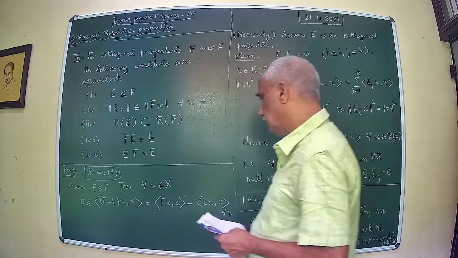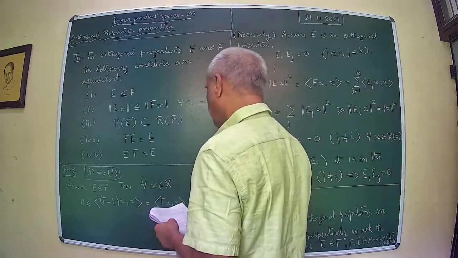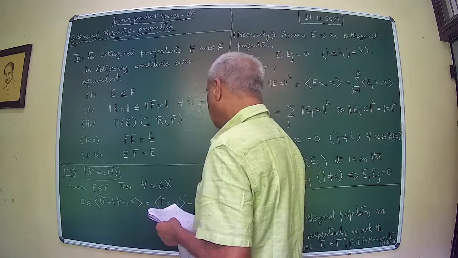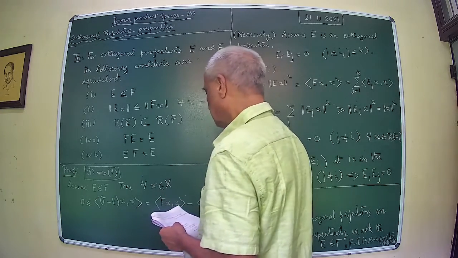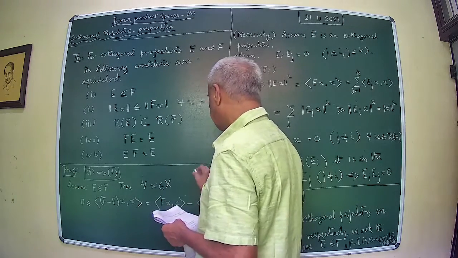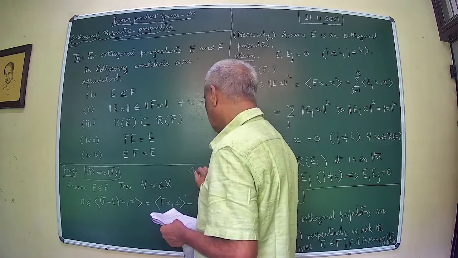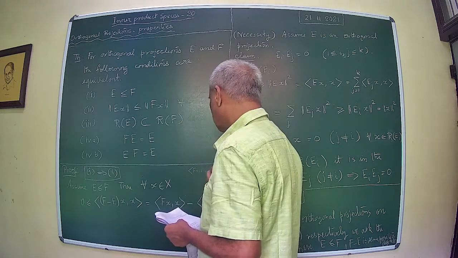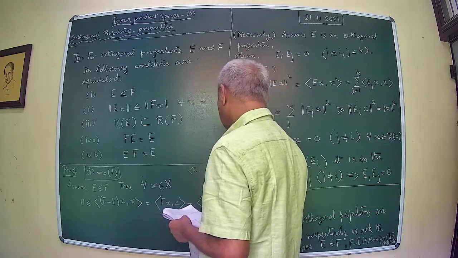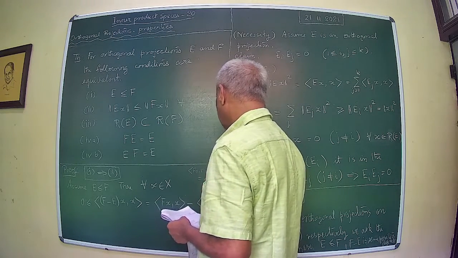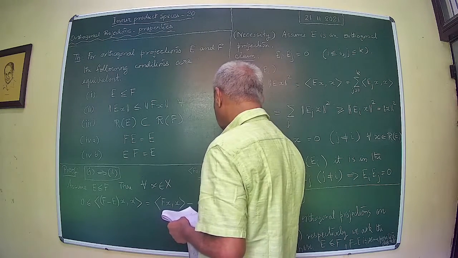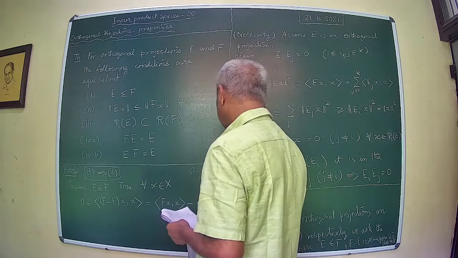Now, what does this mean? See, F is equal to F square. So you can write this as the inner product of Fx, Fx, which is equal to F, but F is equal to F star, being orthogonal.